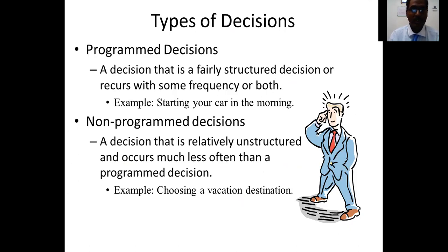A programmed decision is a fairly structured decision that recurs with some frequency, or both. Fairly structured means it's clearly known, something we do on a day-to-day, regular basis. That decision is called a programmed decision, and it occurs frequently, almost like an everyday situation we face.